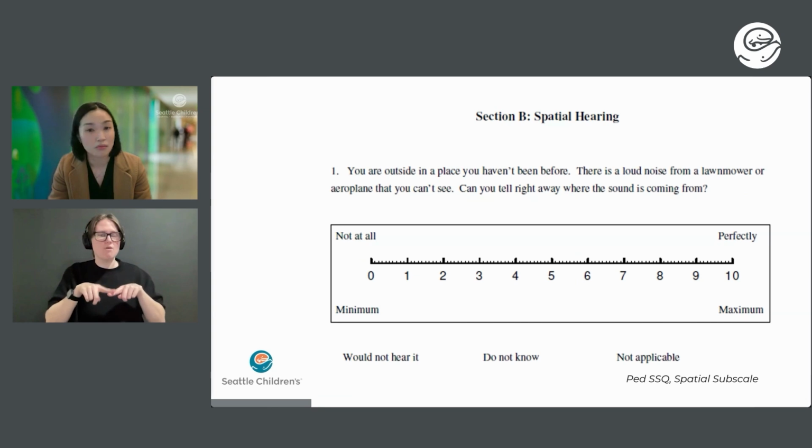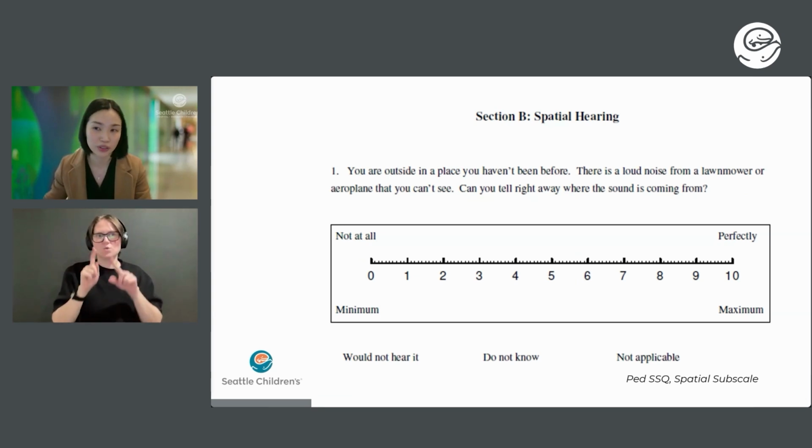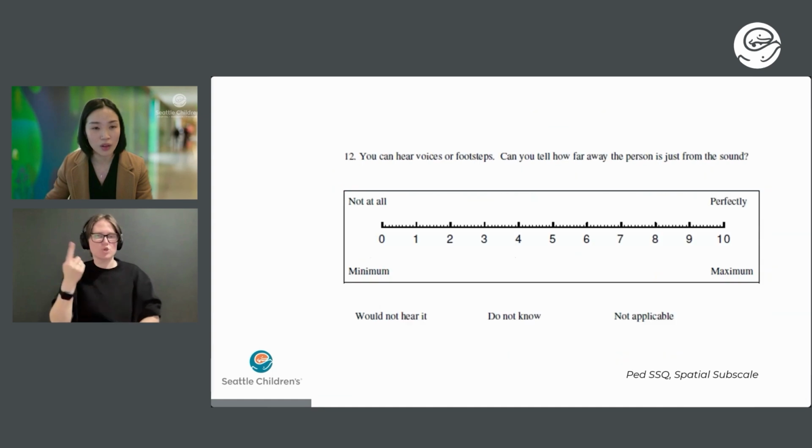So it might be difficult for kids with unilateral hearing loss to hear and find where this airplane is coming from. And so this is a question that is more specific and applicable to the unilateral hearing loss population as well as the bilateral hearing loss population. And so the spatial hearing section is really what makes this questionnaire very relevant for the unilateral hearing loss population.